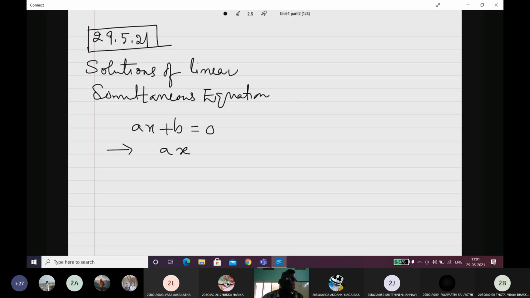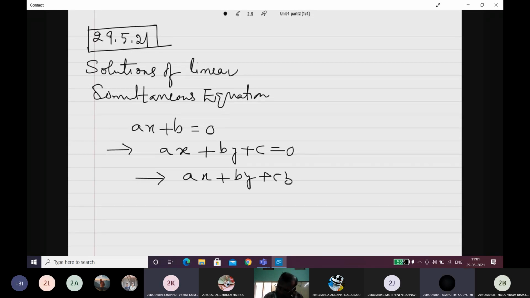The linear equation in two variables is ax plus by plus c equal to 0. In three variables, ax plus by plus cz plus d is equal to 0.